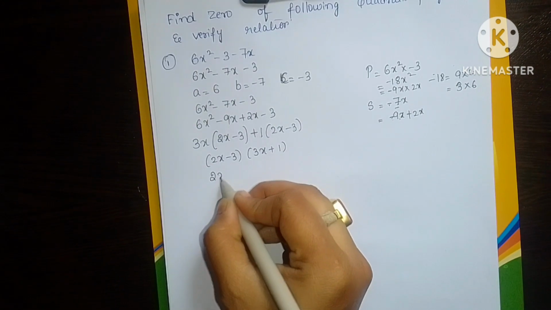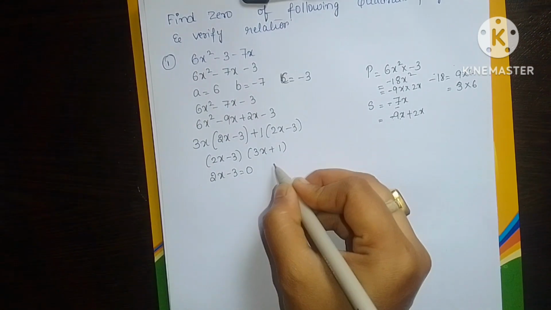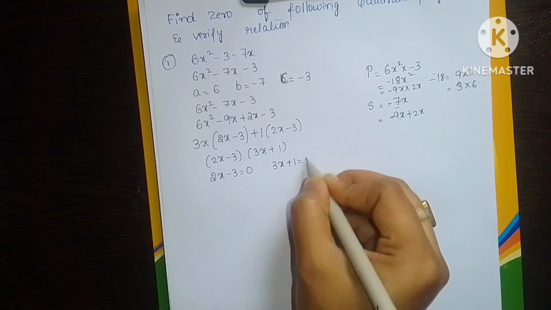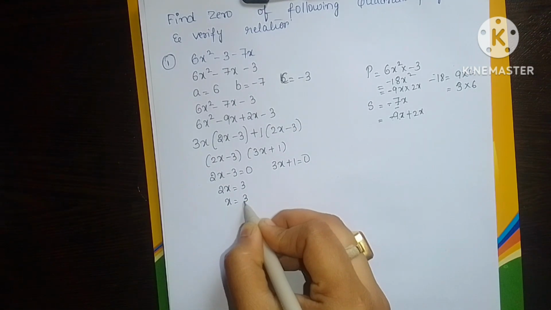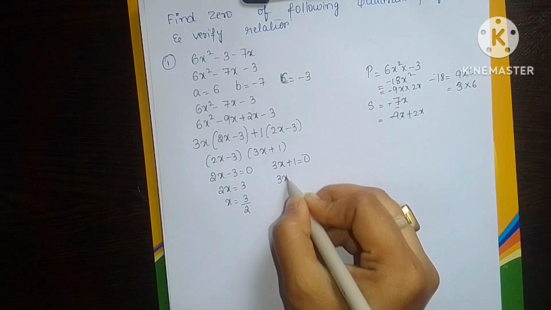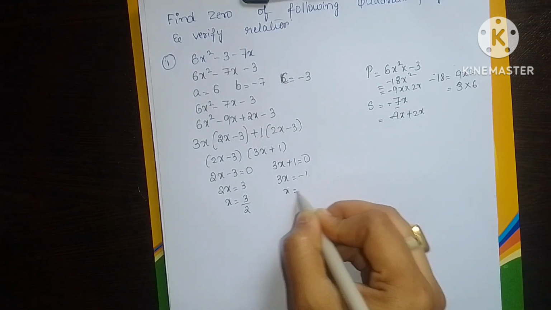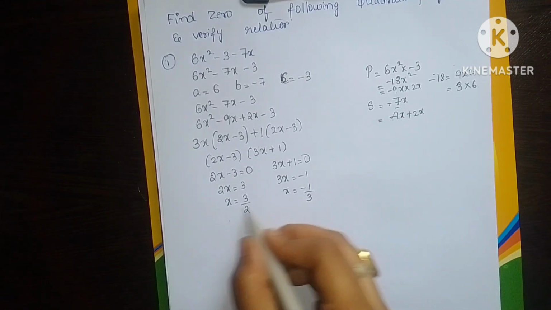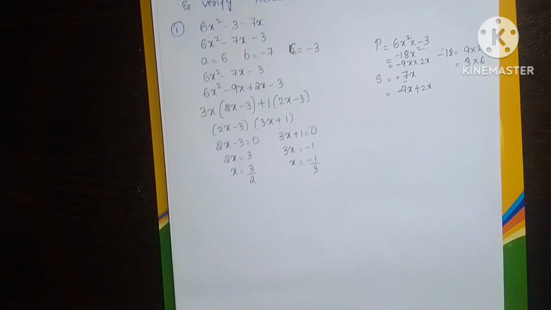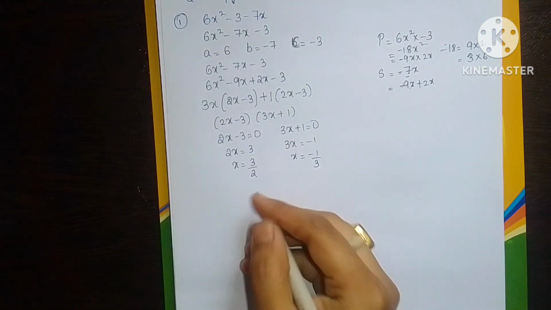Now write them equal to 0: 2x minus 3 equals 0 and 3x plus 1 equals 0. So 2x is equal to 3, x is equal to 3 by 2. And 3x is equal to minus 1, x is equal to minus 1 by 3. So the roots of the quadratic equation are 3 by 2 and minus 1 by 3.